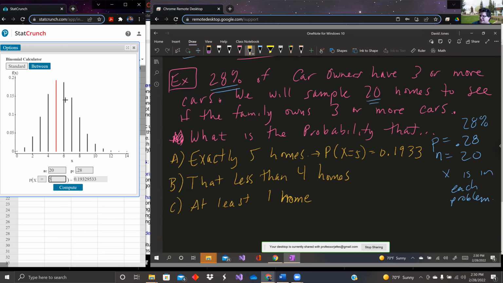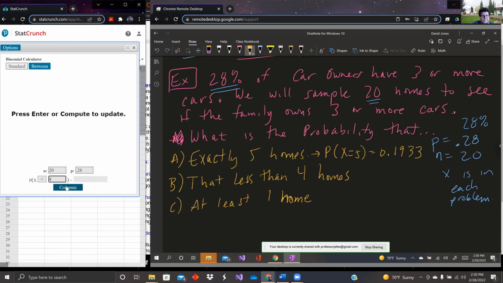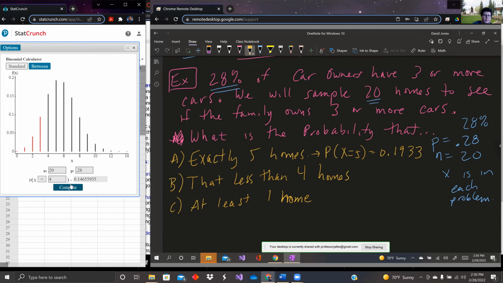The next question was less than 4 homes. It doesn't say less than or equal to, so we're going to go with less than 4. And it's got 0, 1, 2, and 3 lit up. That looks good. 0.1466.